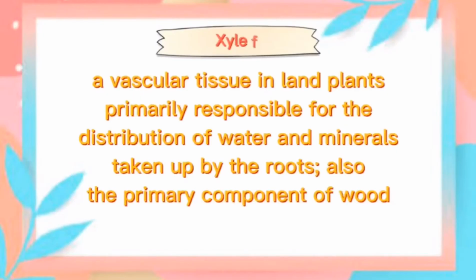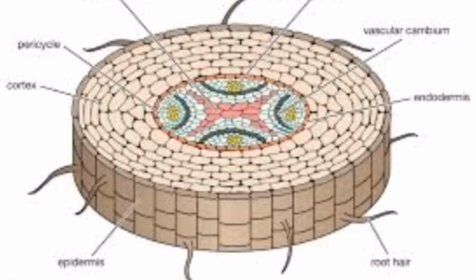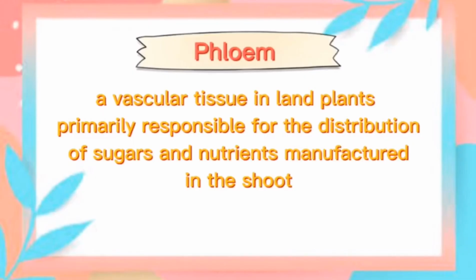The xylem is a vascular tissue in land plants primarily responsible for the distribution of water and minerals taken up by the roots, also the primary component of wood. The phloem is a vascular tissue in land plants primarily responsible for the distribution of sugars and nutrients manufactured in the shoot.